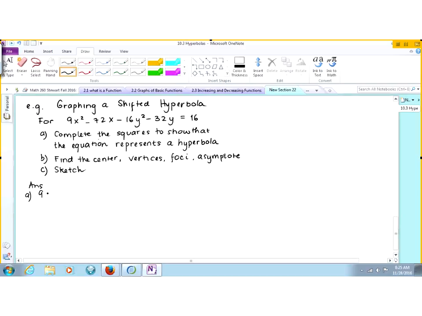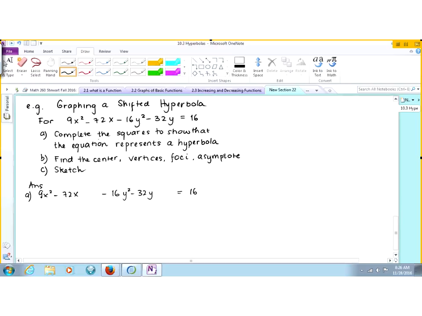So 9x squared minus 72x minus 16y squared minus 32y is equal to 16. So that's the first step. So x squared and x, y squared and y.